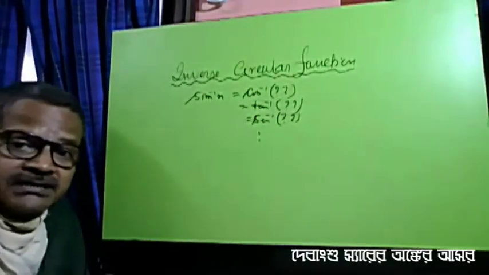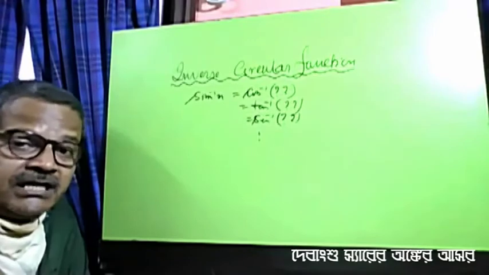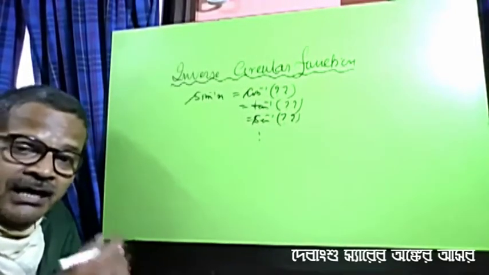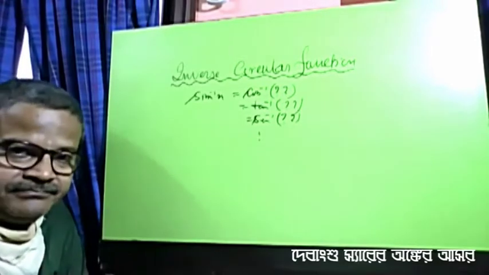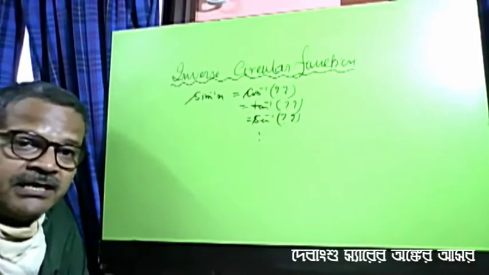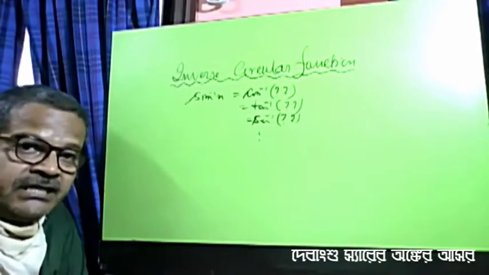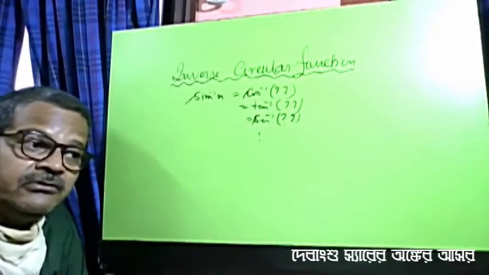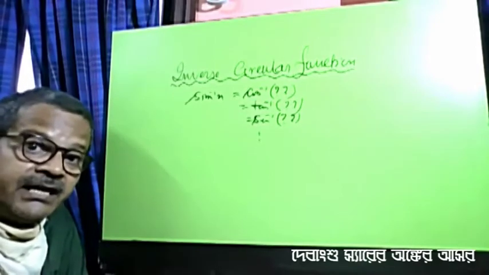And these conversions are very tough, because you have to bring your mind 2 years back when you were a student of class 10, and you have to remember the trigonometric formulas you learned in class 10.